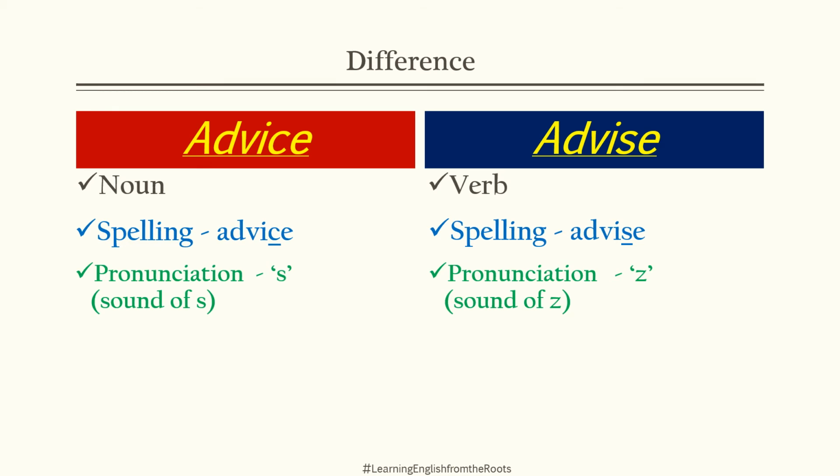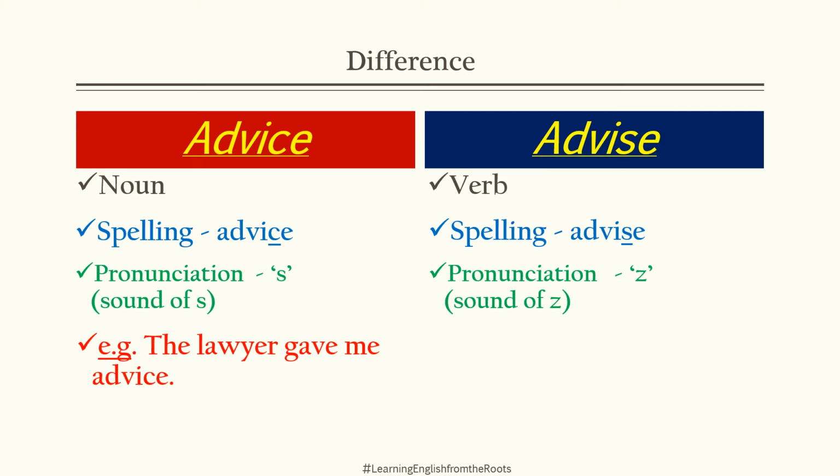Let us take an example for the first one so that you have a better understanding as to how you are going to use these words. Advice, ADVICE, the noun one. The lawyer gave me advice. So ask yourself this question: what did the lawyer give?